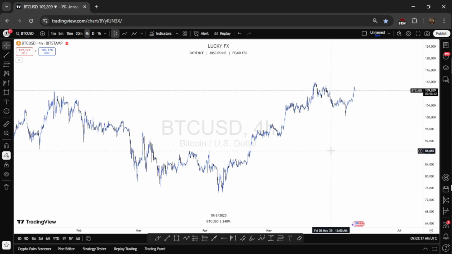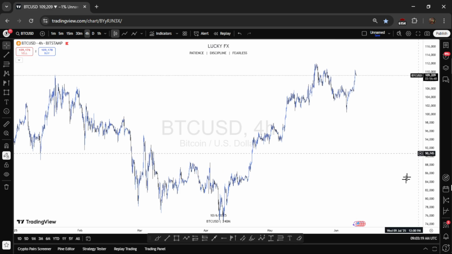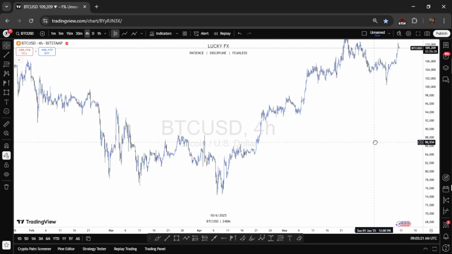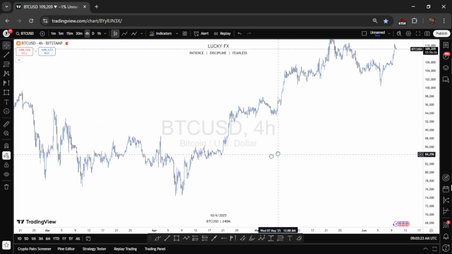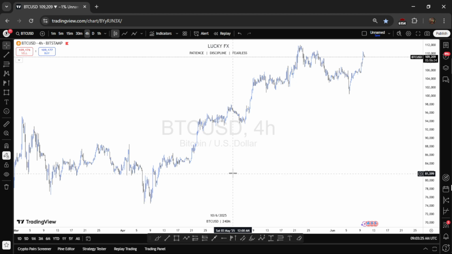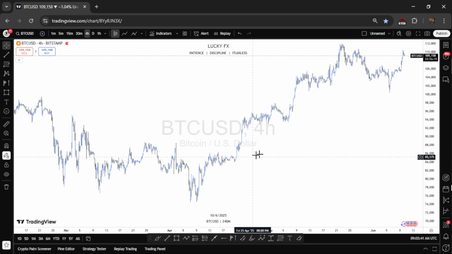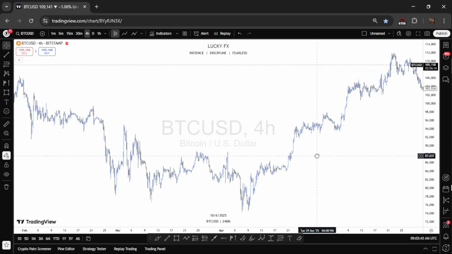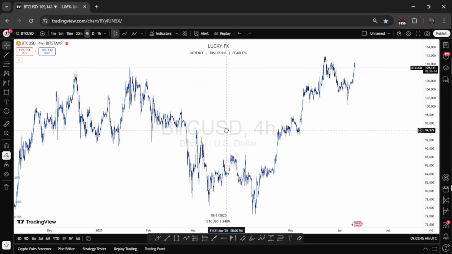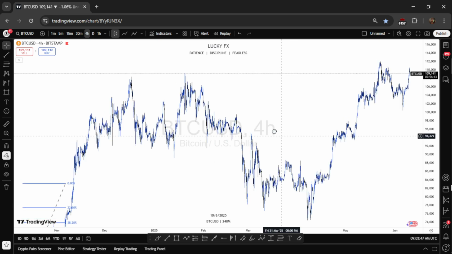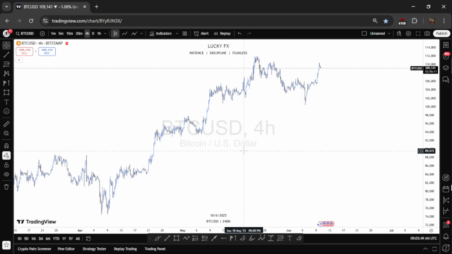For quite some time, BTC has been very bullish, right? And you could see what price has actually created.